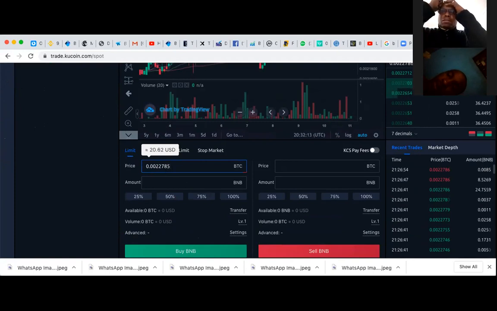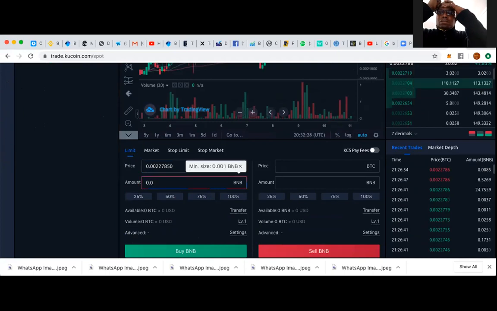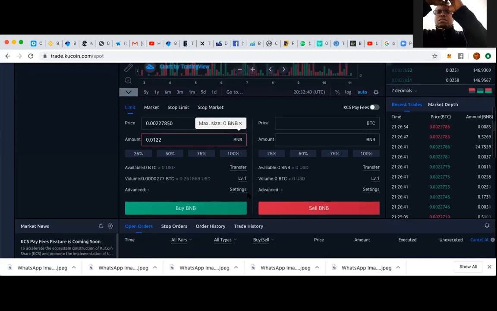So that is 227,850 Satoshi. Here you can use those percentages or type it by yourself. Say 0.0122 BTC. So that is what you have. And I say, okay, no problem. That's the BNB you are buying. This is the volume you are buying.